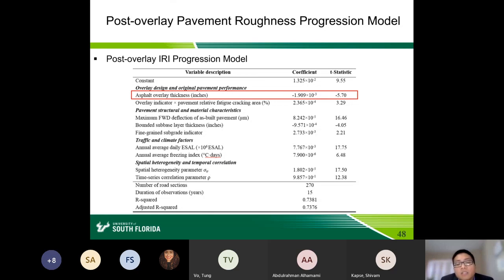If the pavement surface deflection is large, it means the pavement structure capacity is small. So as we can see, if the pavement structure capacity is reduced, it means the IRI progression rate or pavement deterioration rate will increase. Also, the traffic and freezing climate factors are found to have significant effects.